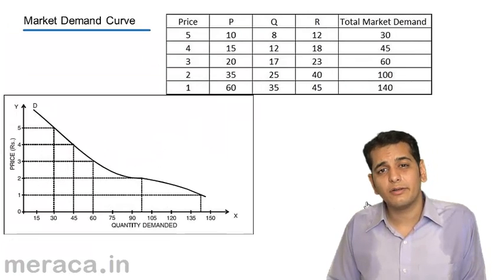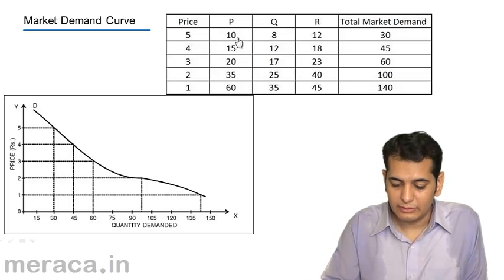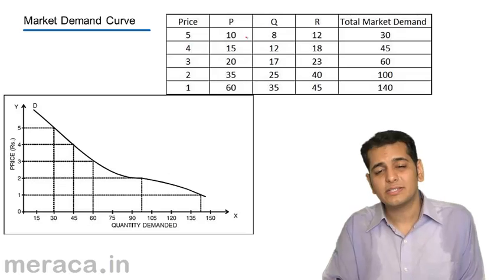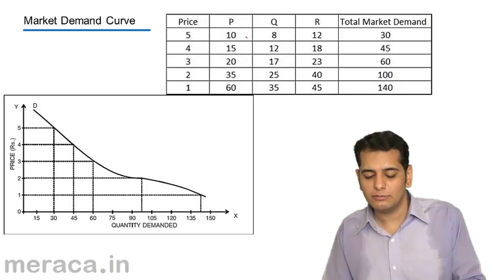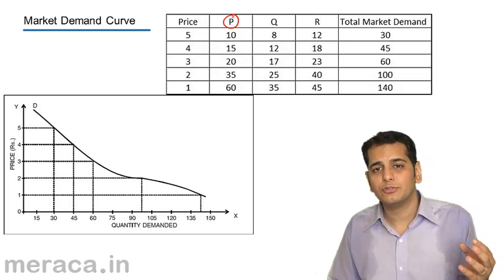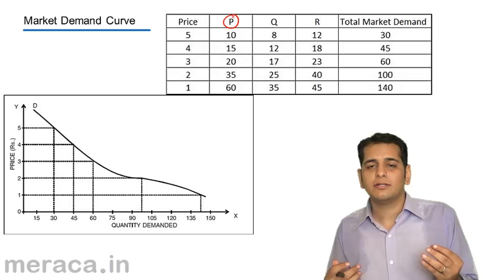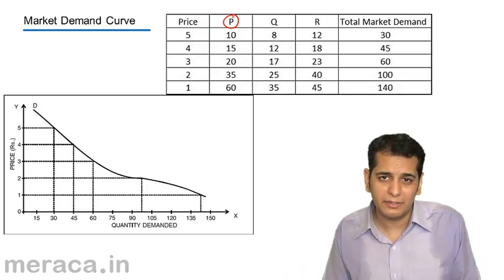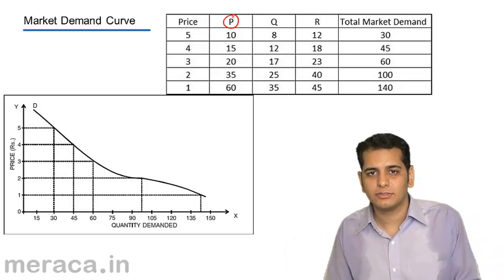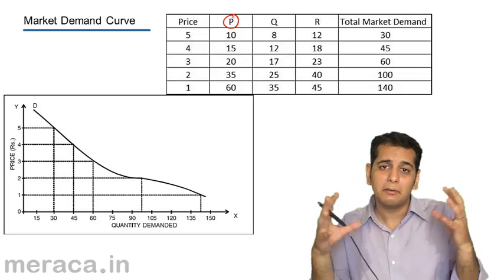Now let's understand what is market demand. In the last schedule, we studied individual demand. That is the demand for an individual, a single person. But generally in the market, there is not only one buyer, but there are many buyers. So it is important that we know how to calculate the market demand.